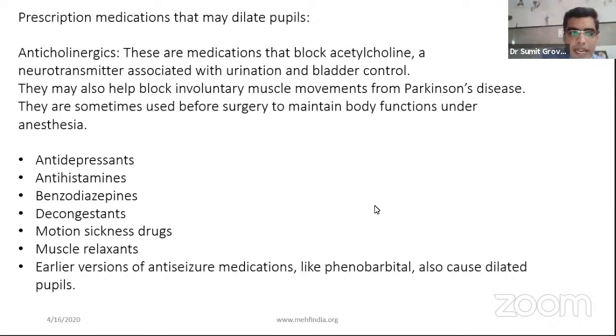Apart from that, antidepressants like fluoxetine, which are selective serotonin reuptake inhibitors, very commonly used. Antihistaminics like antiallergics, benzodiazepines, decongestants, motion sickness drugs like Dramamine, muscle relaxants used in anesthesia, and some earlier versions of anti-seizure medications like phenobarbital cause dilated pupils.